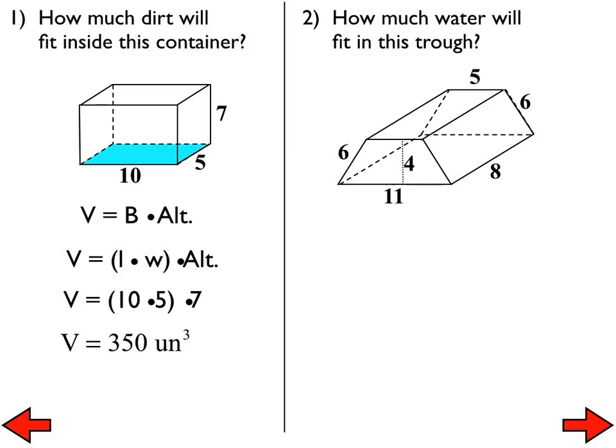The parallel congruent shapes are the trapezoids. So this is referred to as a trapezoidal prism, probably one of the harder ones to say. So we need to find the area of one of the trapezoids. To find the area of any trapezoid, remember, it's the sum of the bases, and the bases are the parallel sides.